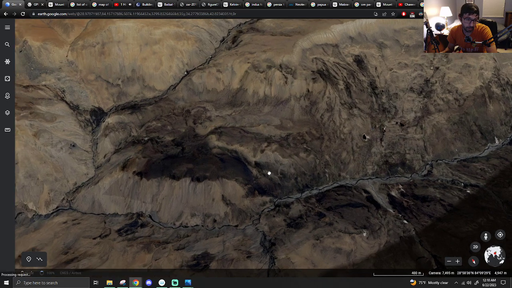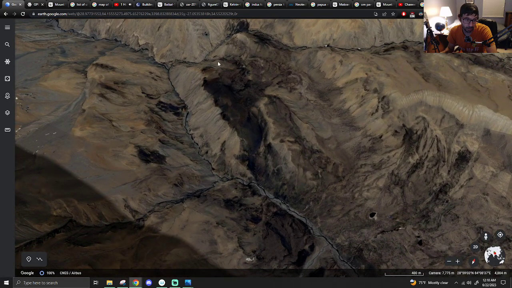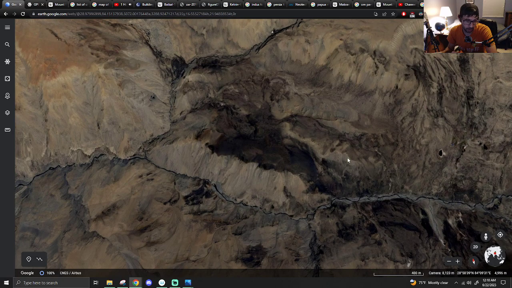That's my thought. And this mound was the end result of all the compression, all the deposition, all the erosion.